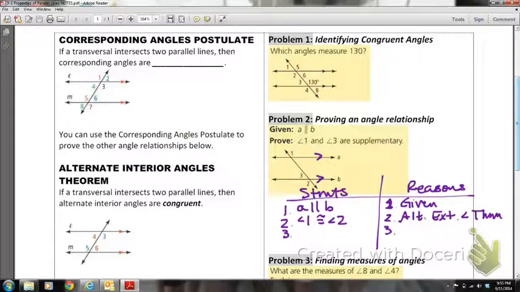So angle 3 and angle 2 are supplementary. And that's because of the linear pair postulate that we can make that statement.